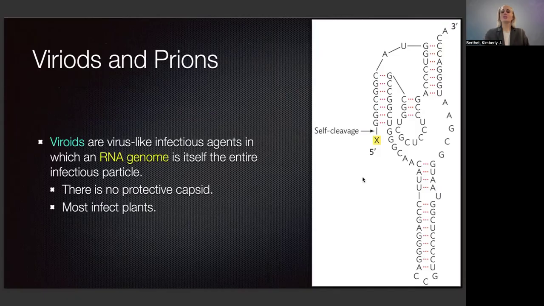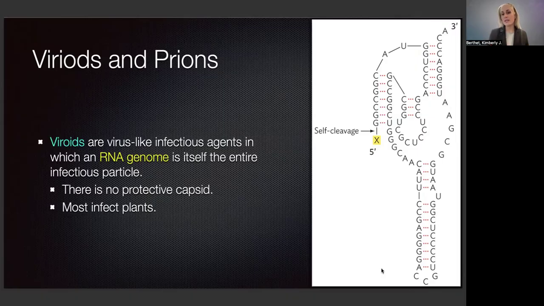Okay. So not only do we have viruses to consider as pathogens, we can also look at viroids or prions as well. So viroids themselves are just actually RNA. If we look at this image on the right and we look at this sequence, we know it's not DNA because we see uracil. But we see this unique structure folded back on itself. So it is double-stranded at times, single-stranded at other times, and it takes on this very, very unique structure.